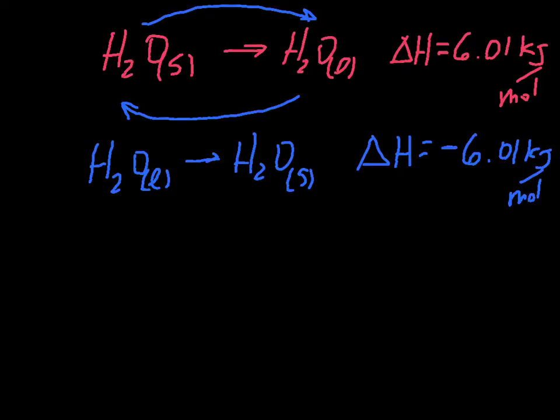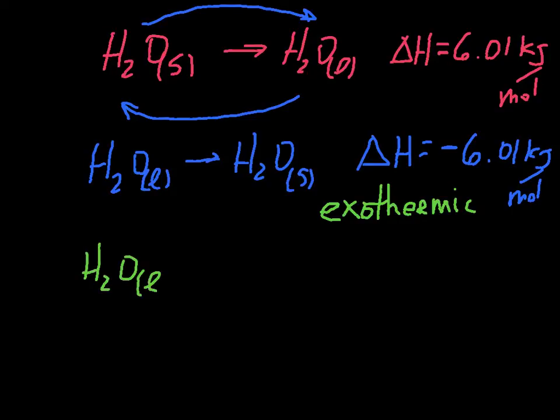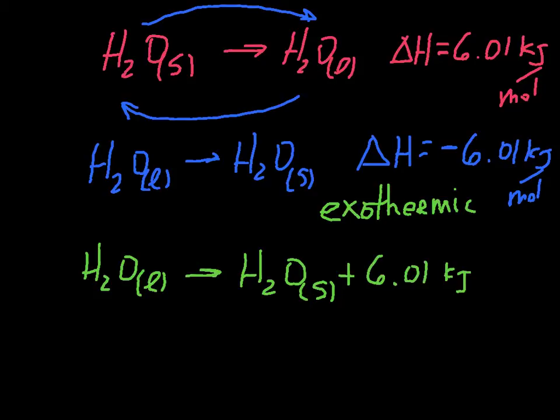Now it becomes negative. So that negative means that this was an exothermic reaction or process. And I could have incorporated it into the whole reaction this way: H2O liquid goes to H2O solid plus 6.01 kilojoules per mole.